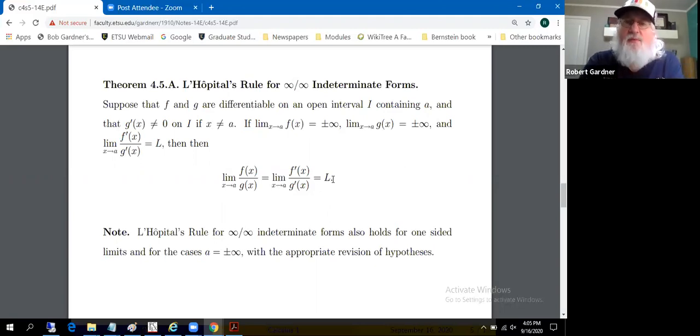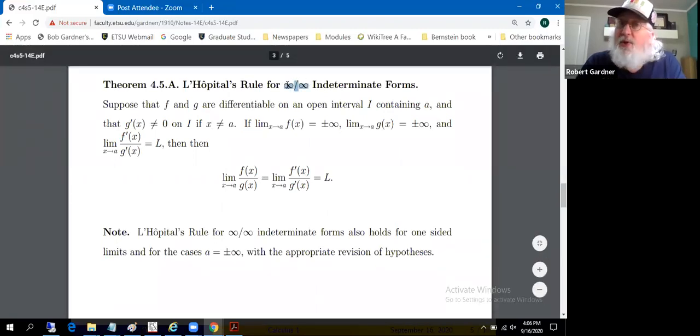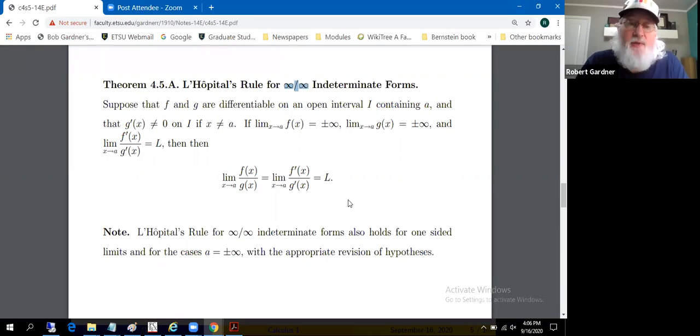Well, that's the same thing we did before. Limit of the quotient was a limit of the quotient of the derivatives. That's L'Hopital's rule when dealing with an appropriate indeterminate form. In this case, infinity over infinity indeterminate forms. So the technique will be similar to what we just had.